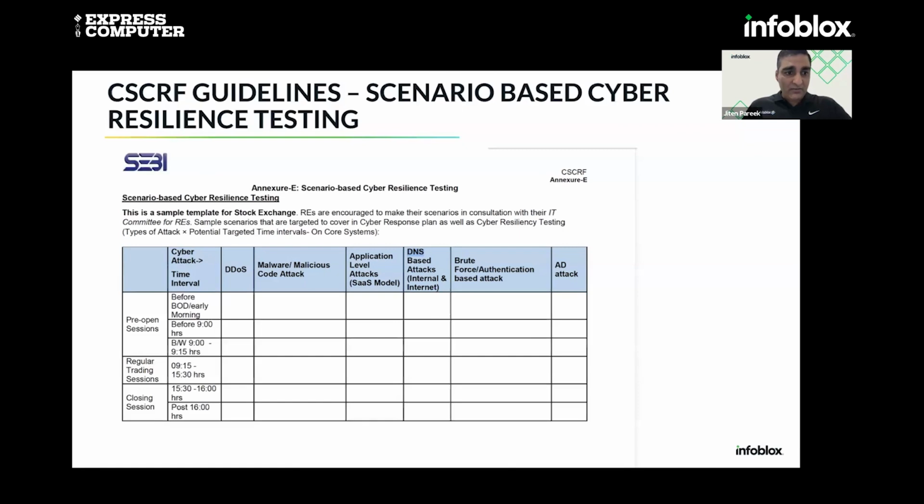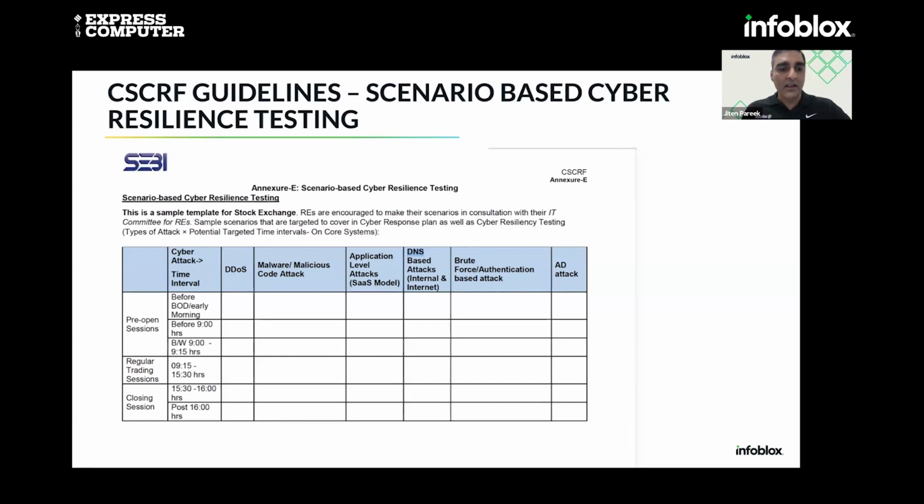Those scenario-based testings are clearly indicated at the different time frames, and they should cover various kinds of tests like DDoS, malware and malicious code, and application-level attacks. It specifically mentions DNS-based attacks for both your internal and external traffic, the platform, as well as the configuration. If you look closely, all these things like DDoS, malware and Active Directory attacks are associated with DNS as well.